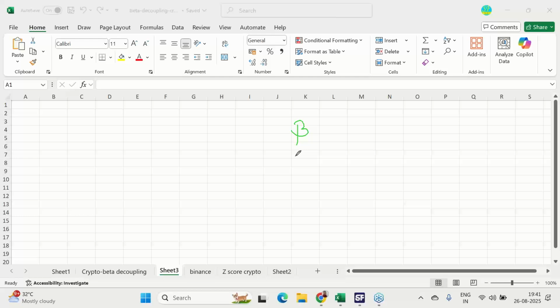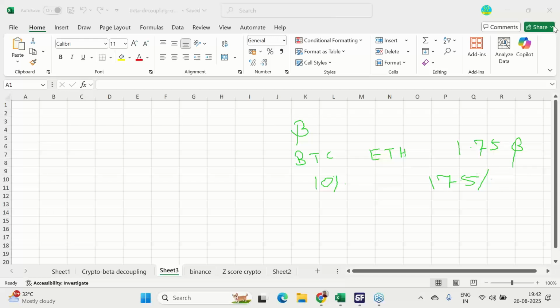If we are talking about Bitcoin and Ethereum, and they have a 1.75 beta, then if Bitcoin is producing 10% return over a period of time, ETH will give 17.5% return in the same period.